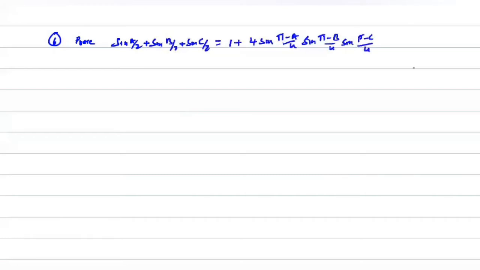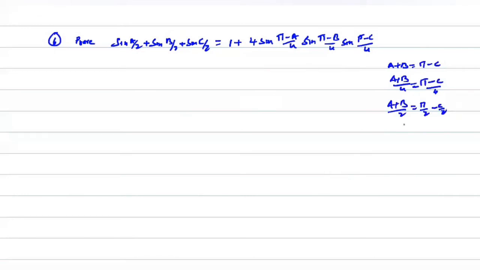Same process. You're taking a plus b is equal to pi minus c. (a plus b) by 4 is equal to pi minus c by 4. And then (a plus b) by 2, what is the value of (a plus b) by 2? That is 90 minus c by 2. If you take cos of (a plus b) by 2, what is the value?